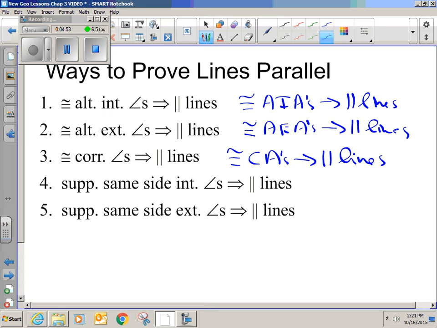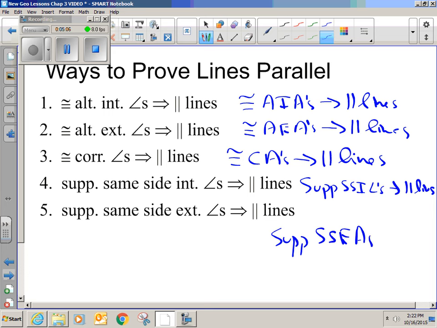Okay, supplementary same side interior angles yield parallel lines. And the last one is supplementary same side exterior angles. You can either use the word or the angle symbol. Yield parallel lines. Okay? And you will prove 2, 3, 4, and 5 in class after I prove 1 for you.